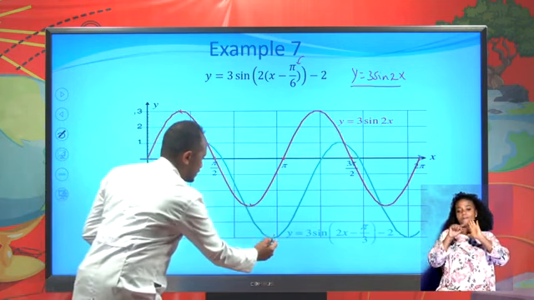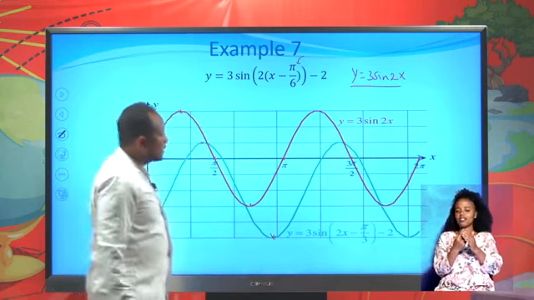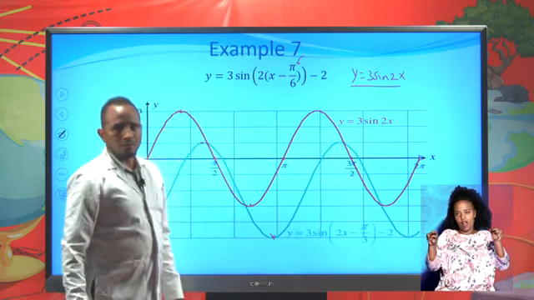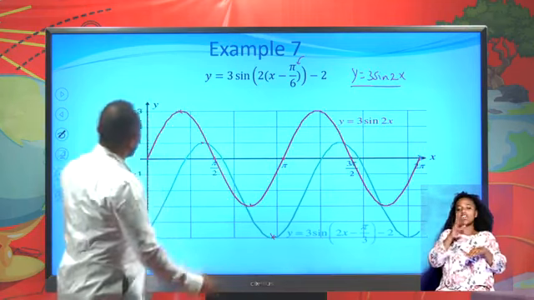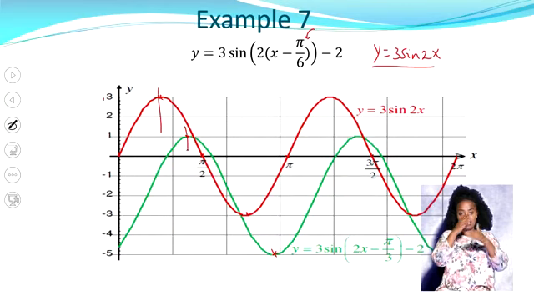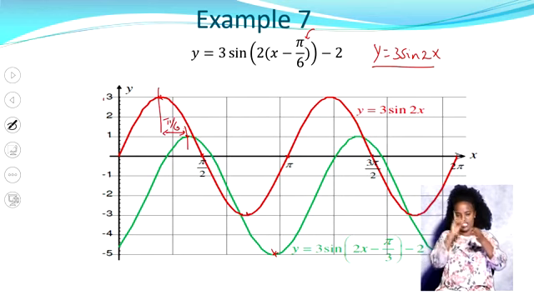Not only this, we need to shift horizontally by pi over 6 units. Therefore, this part is moved to this part by pi over 6 units. So shifting this peak horizontally by pi over 6 units, you will have this one, and so on.